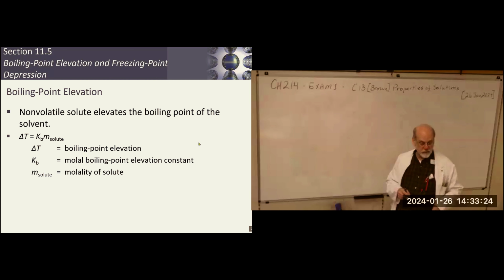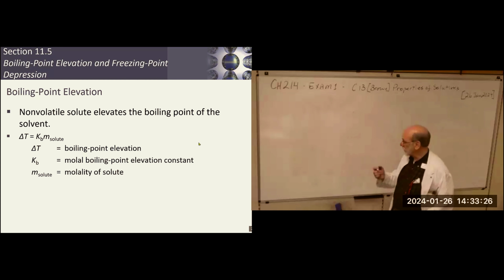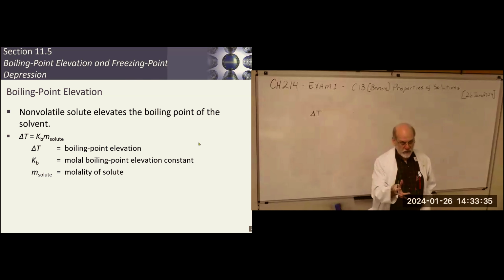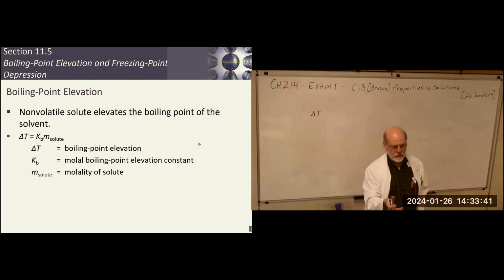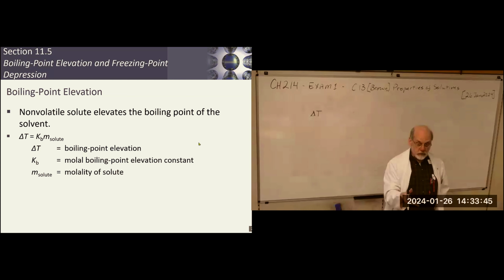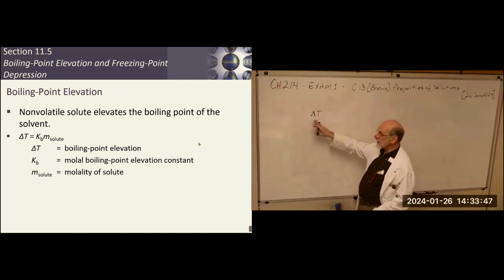What does it do to the boiling point? Well, we're looking for a change in temperature. That is, what's the difference in temperature between the pure solvent boiling point versus the boiling point of the solution? So we're looking for a difference in temperature.